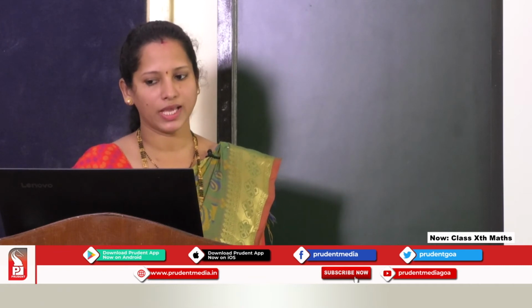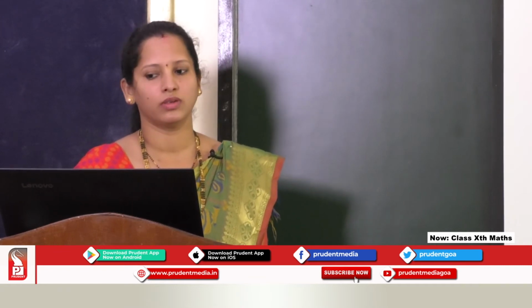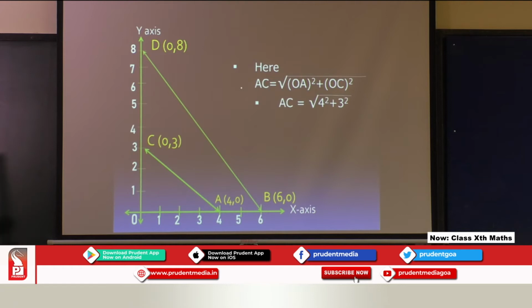So AC is equal to 4 square, this is 4 and this is 3 units. So 4 square plus 3 square, which is equal to 16 plus 9, which is equal to root of 25, and the root of 25 is equal to 5 units.